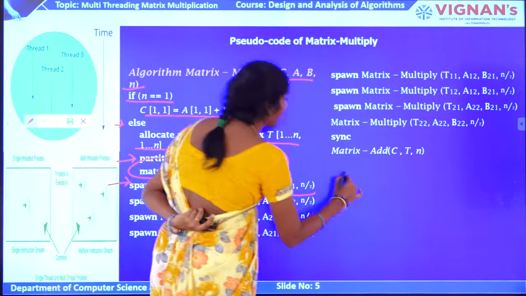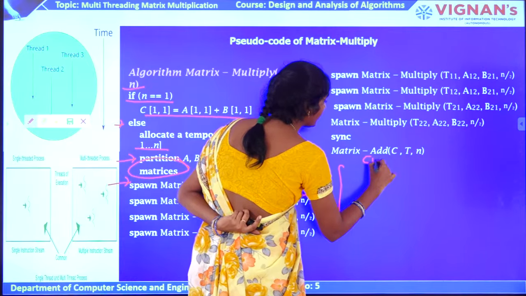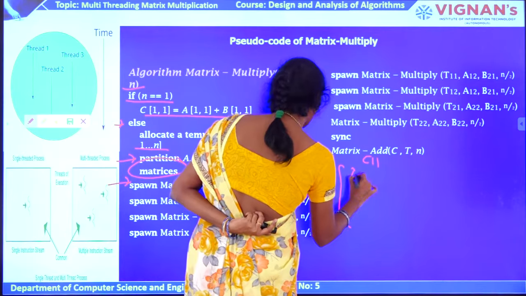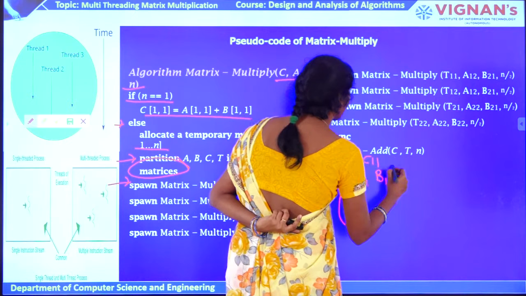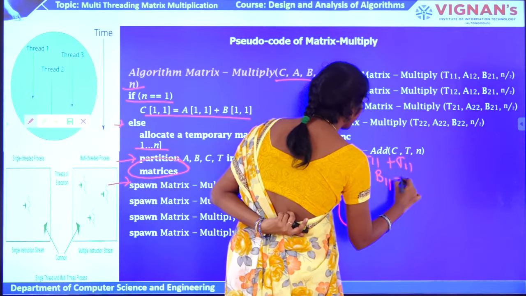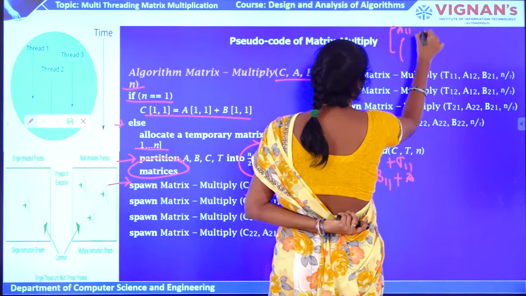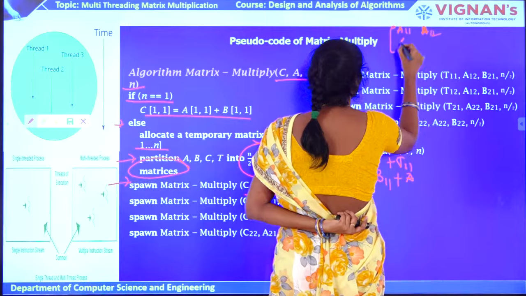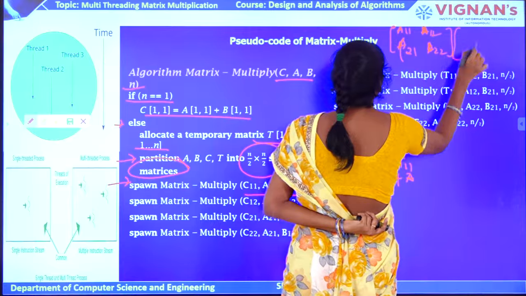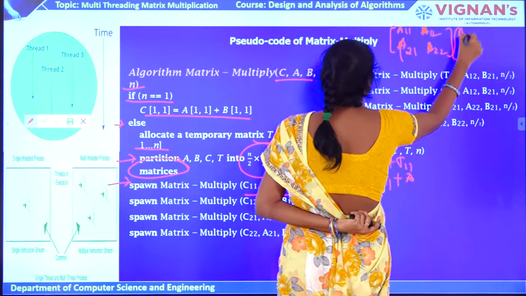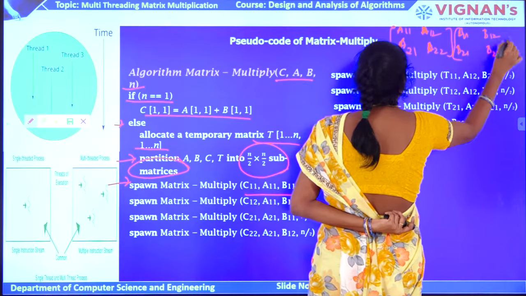If you have seen clearly, what is your first term C11? A11, B11, right. And what is T11? Here you have A11, A12, A21, A22 into B11, B12, B21, B22, right.